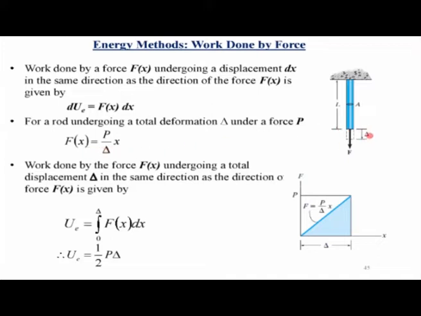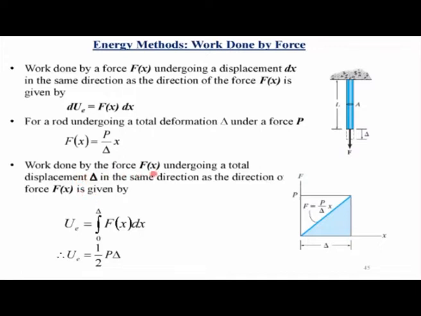So if the final deformation is delta and the final force is P, then for a deformation x, the force that has to be applied is given by P by delta times x. So it is directly proportional to the deformation of the rod. So for a deformation of x, the load that has to be applied is x over delta into P, where P is the load under which it undergoes a final deformation of delta.